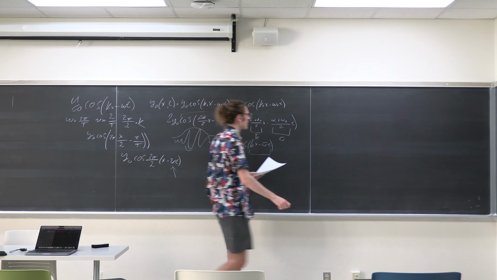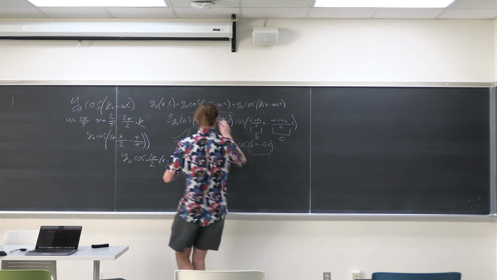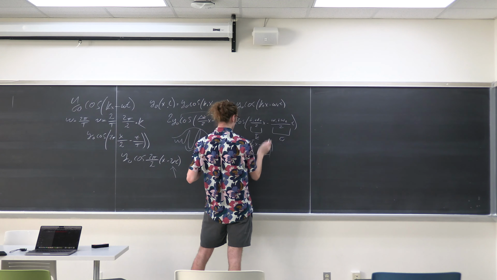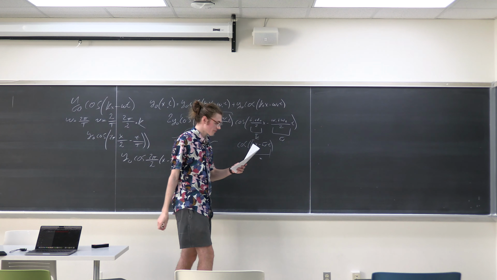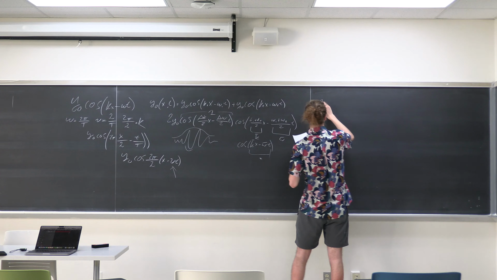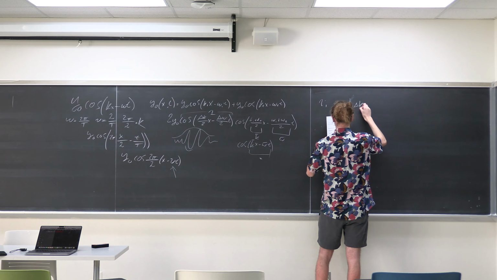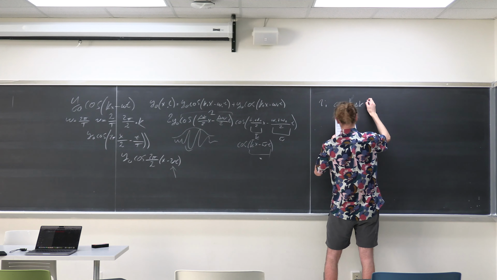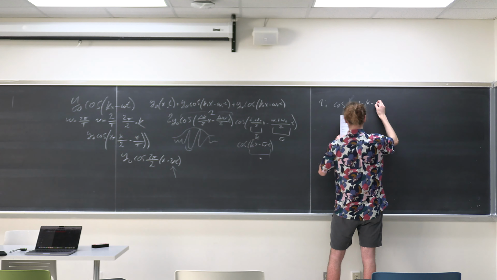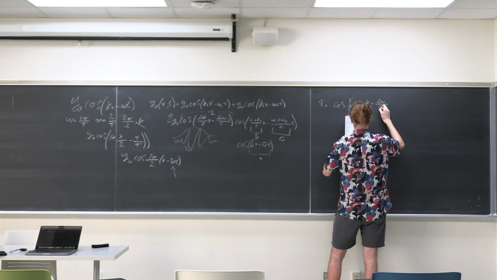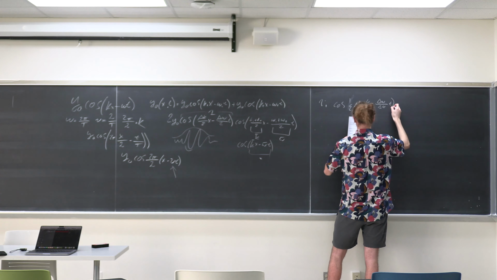So let's do that. I'll call this equation 1, and I'll call this equation 2. So for 1, half delta k (x minus delta w over delta k t).